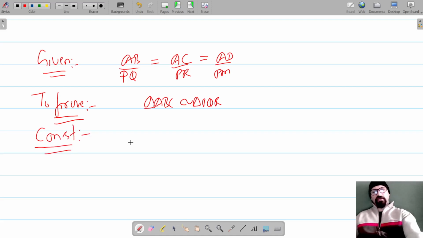And the construction is that we are going to extend AD to E such that AD is equal to DE.